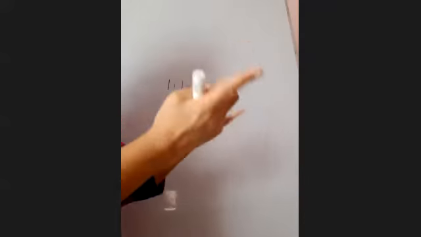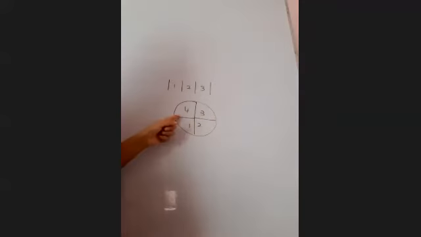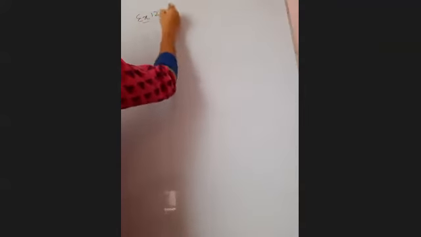Because being circular, the last one will combine over there. Hai na? Getting my point? So 8 ribs means 8 equal parts. So area between two consecutive ribs will be area of circle divided by 8.